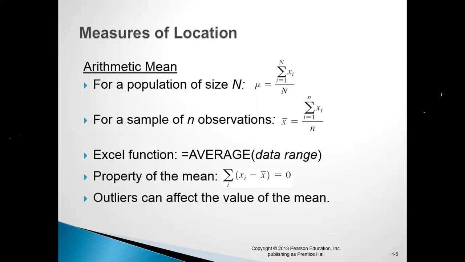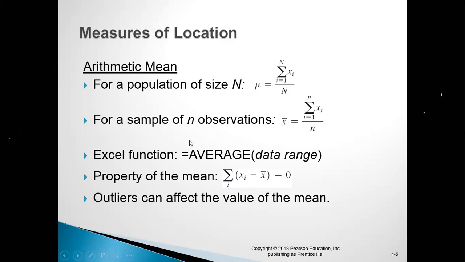Okay, so here, on your screen, the upper two formulas are statistical ones. Mu is the population mean, that is the average of xi, our items, over the total population size, which is capital N. If you're thinking about a sample of observations, the first formula is about the population, this one.